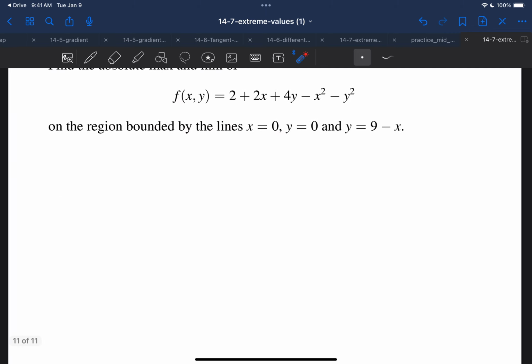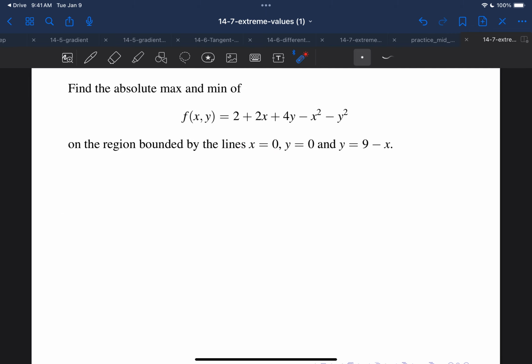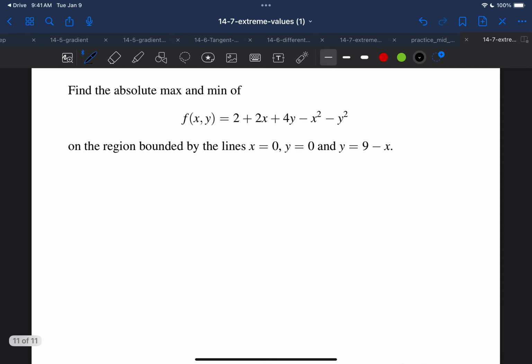All right, here we are going to look at the last example. So we have f of x, y, which is a mountain surface given by this formula, but the region is bounded by the lines x equals 0, y equals 0, and y equals 9 minus x.